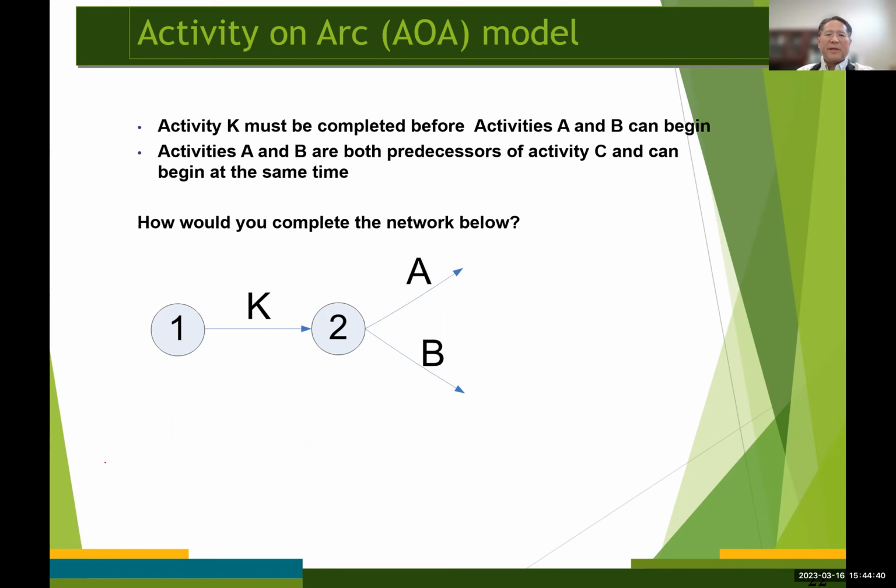Then how about this case? Let's suppose activity K must be completed before activities A and B can begin. So we have this AOA network diagram. Now we have to add one more precedence relationship, which is that activities A and B are both predecessors of activity C, and they can begin at the same time.